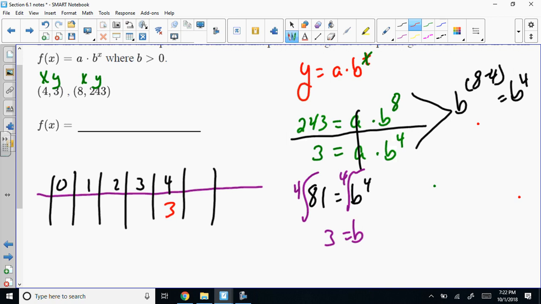If we know that going up on outputs, it'd be multiplied by 3, then if we go backwards, it should be divided by what? 3. So if I divide by 3, that'd be 1. If I divide by 3, that'd be 1/3. If I divide again, that'd be what? 1/9. If I divide again, that would be 1/27. Okay?